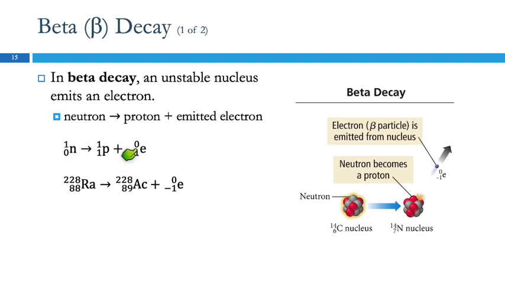So this is why electrons have a -1 atomic number in their symbol, because the numbers have to match up, right? So 1 equals 1 plus 0, 0 equals 1 plus -1.